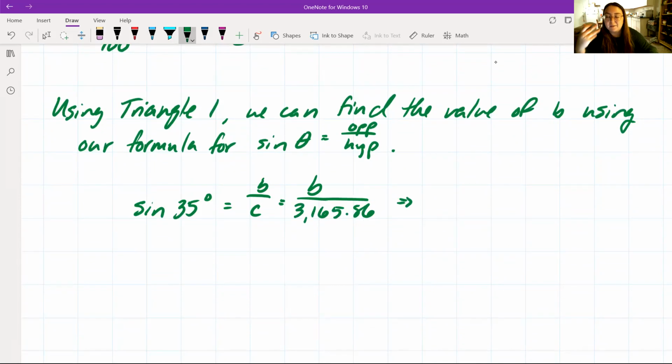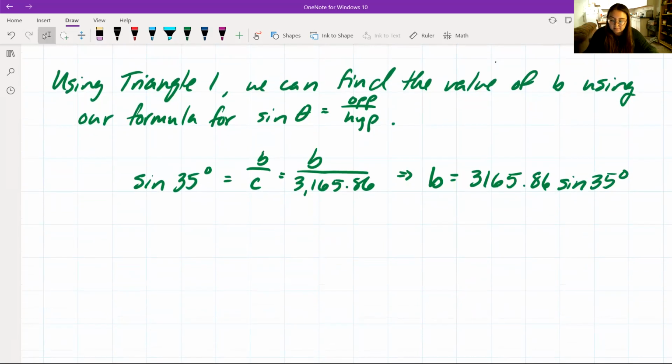If we solve for B, B is going to be equal to 3,165.86 times sine of 35 degrees.